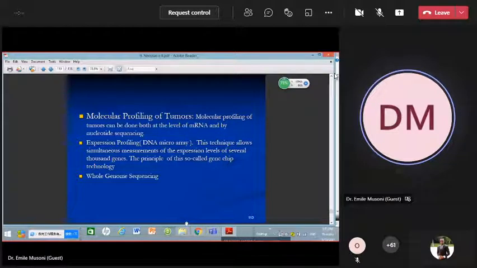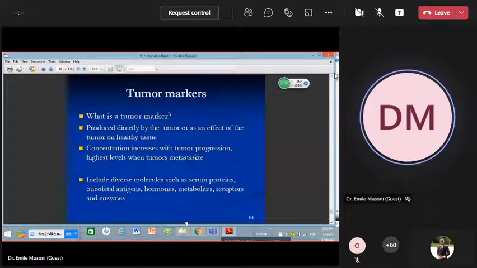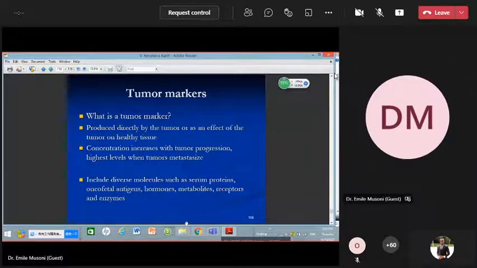There is also what we call whole genome sequencing. We do sequencing for finding the mutations in cancer.